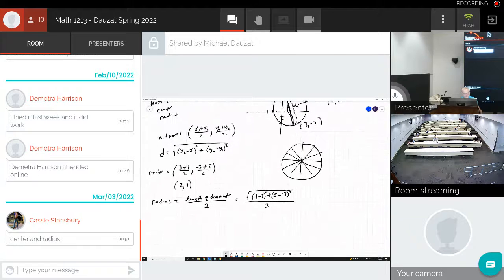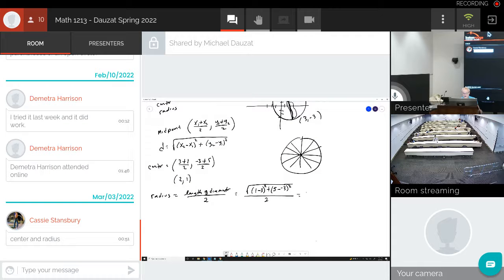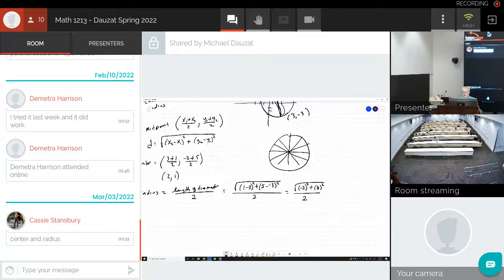All right, so let's go ahead and simplify this further. What's 1 subtract 3? Negative 2. And what do I do to that negative 2? Square it. Plus, what's 5 subtract the negative 3 the same as? 5 plus 3, which is 8 squared. All that's being divided by what number? 2. Equal. What's negative 2 squared? 4.